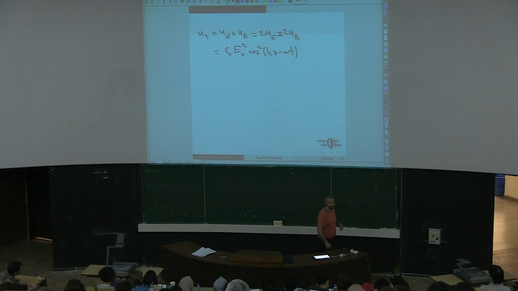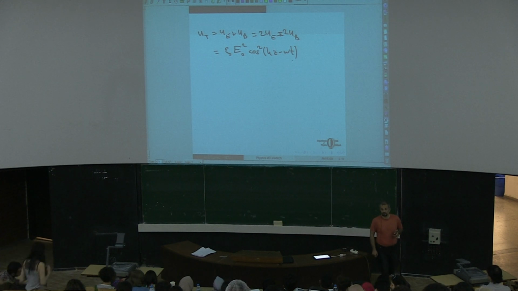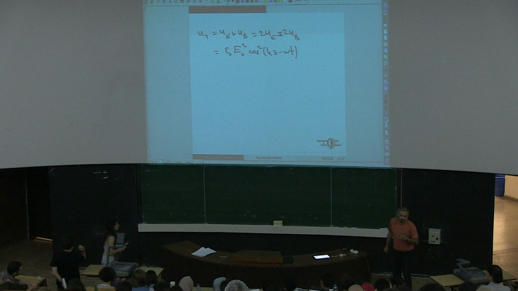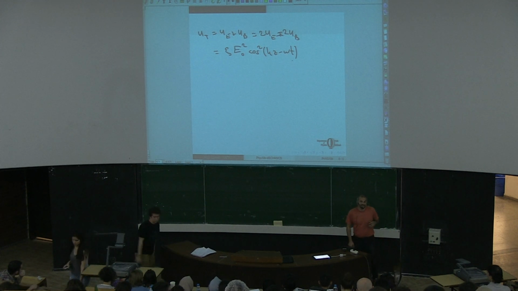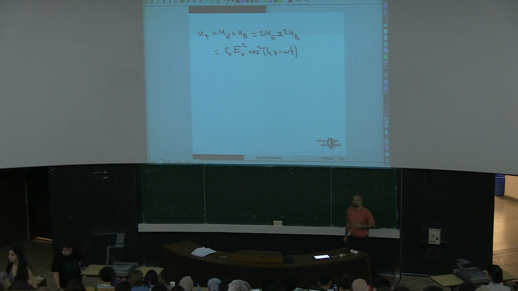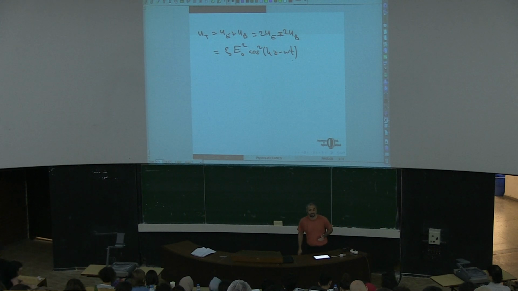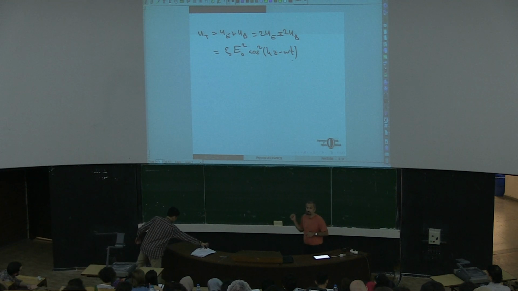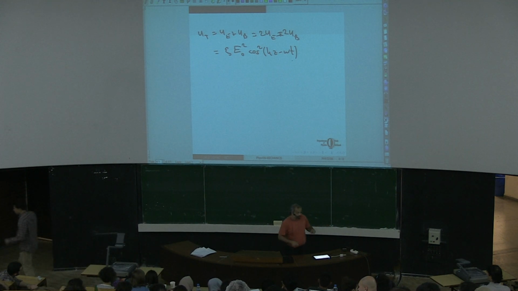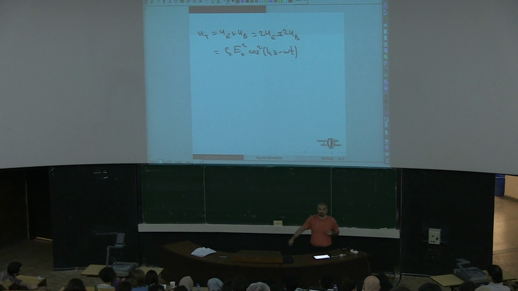This is the total energy density stored in our system. Remember, we define the energy density as energy per unit volume. If we want to calculate the energy in a given volume, we just have to sum this density over the volume. Okay, so your last chance to hand in your homework.